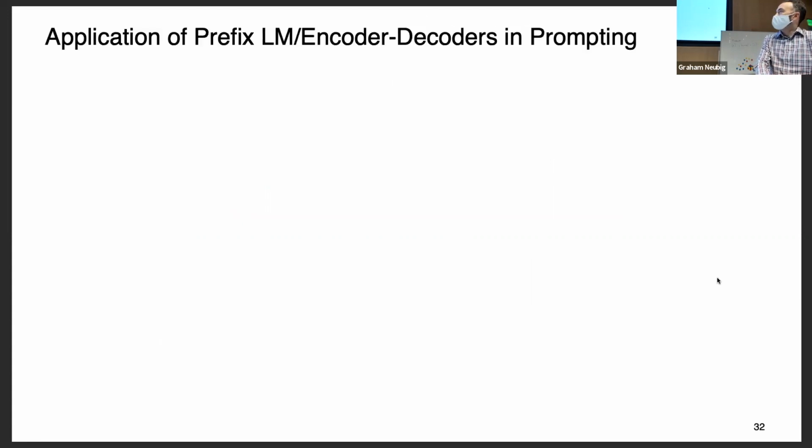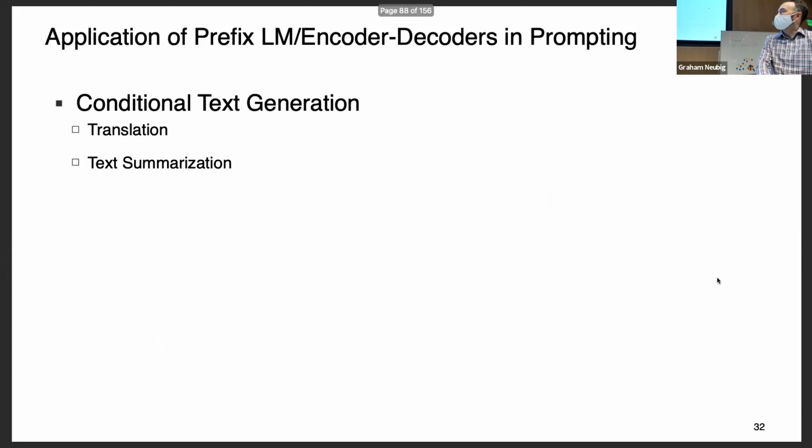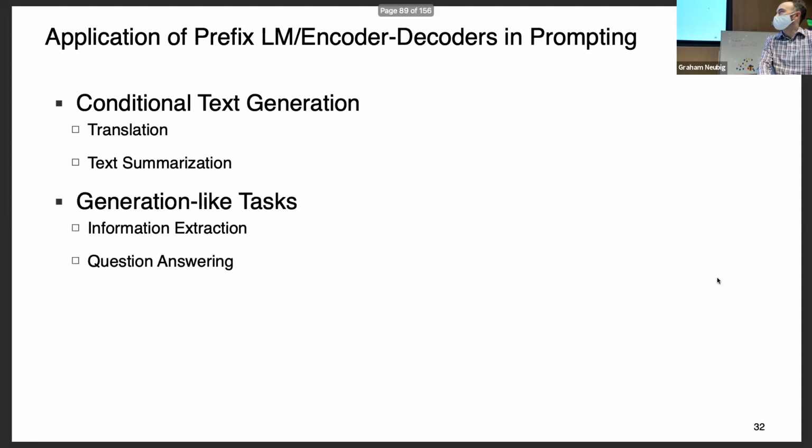So if you want to use either of these methods in prompting, they are particularly useful for things like conditional text generation, like translation or text summarization, generation-like tasks. So things like information extraction, question answering.